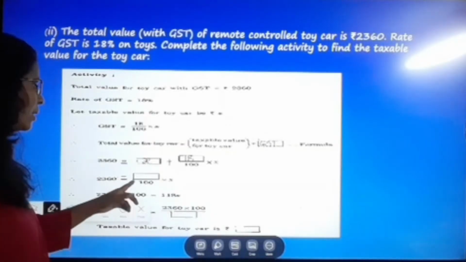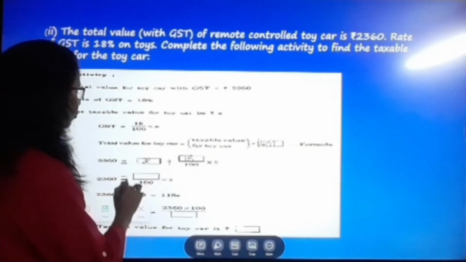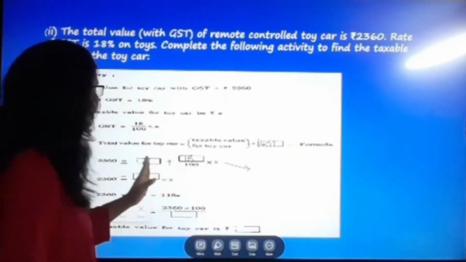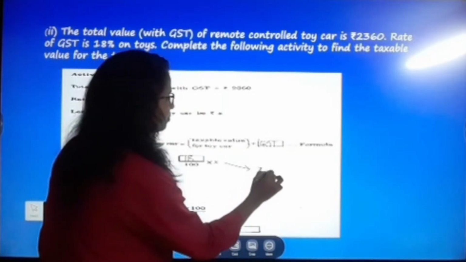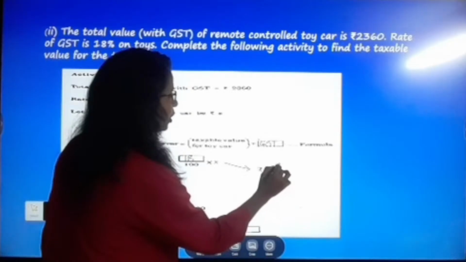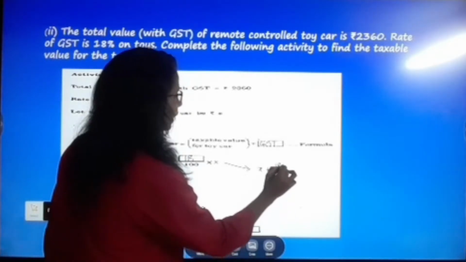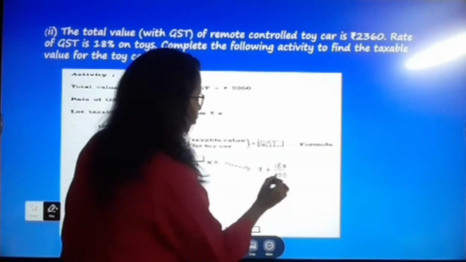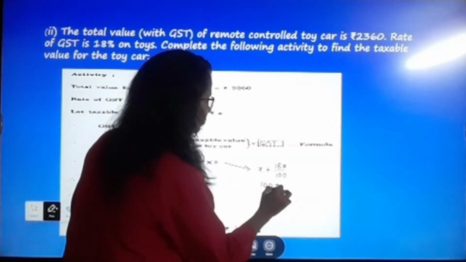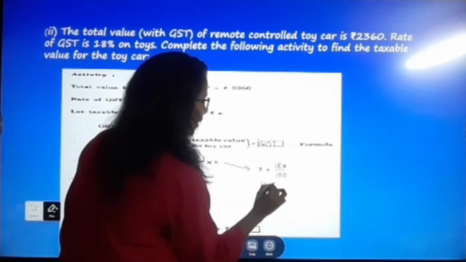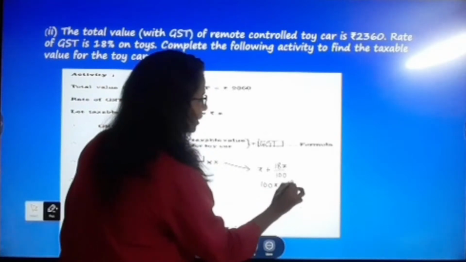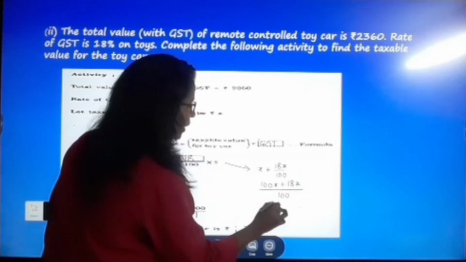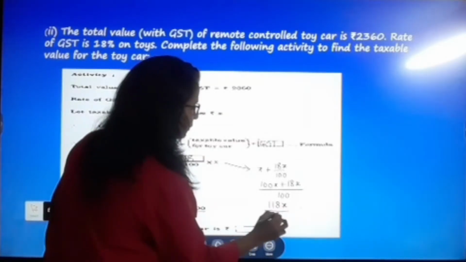2360 is equal to, that means here students we do the calculation of this. So the calculation of this, that is x plus 18 upon 100, here 18x upon 100. Okay, and that means cross multiply students, 100x plus 18x divided by 100, and that means students 118x upon 100.